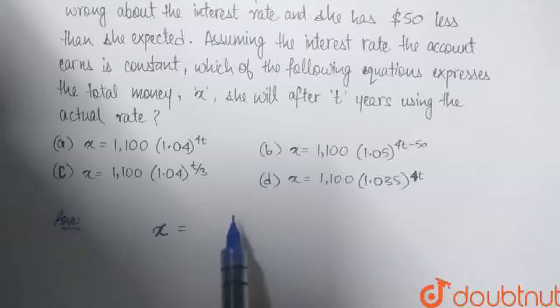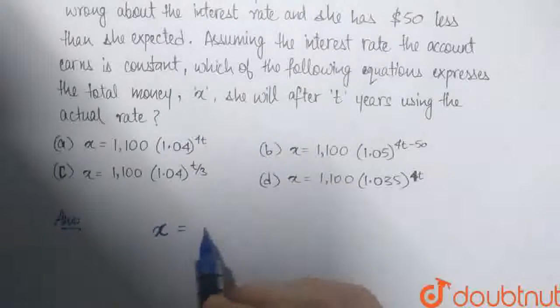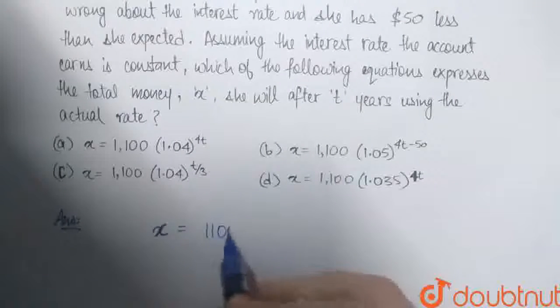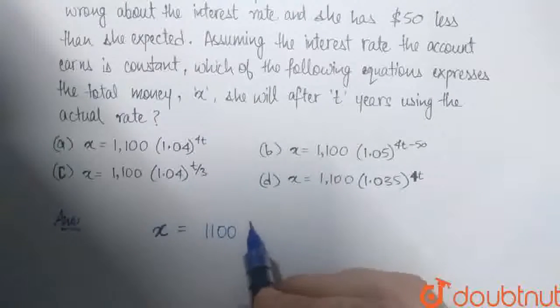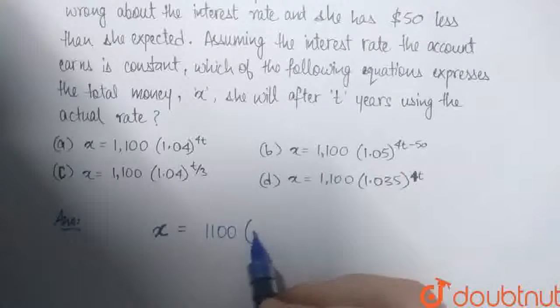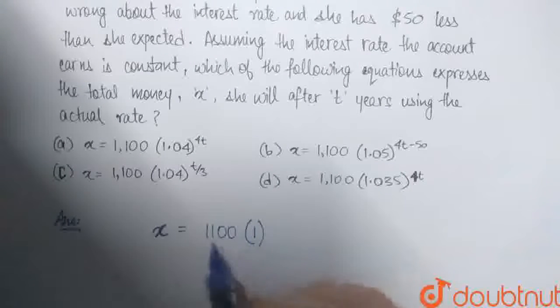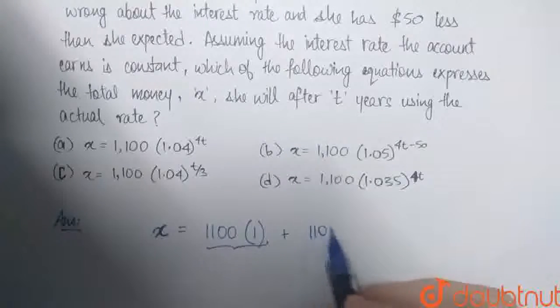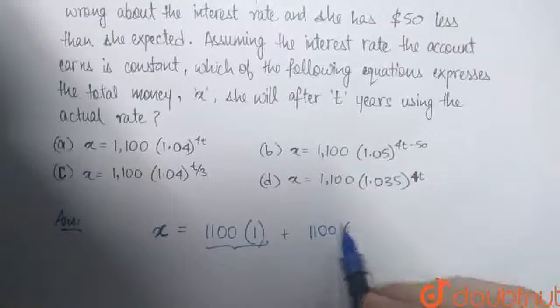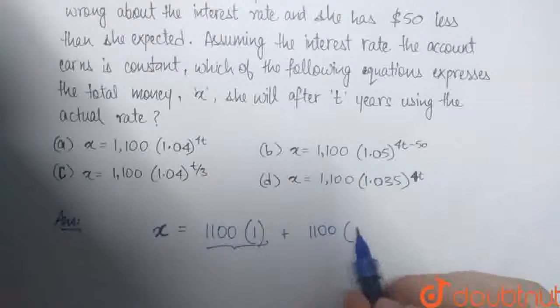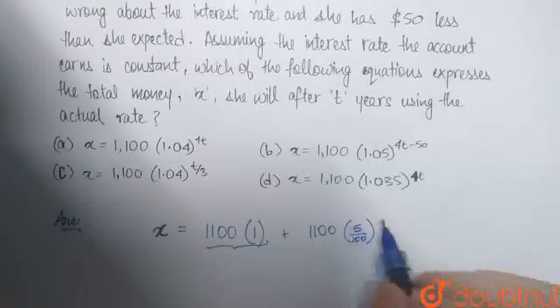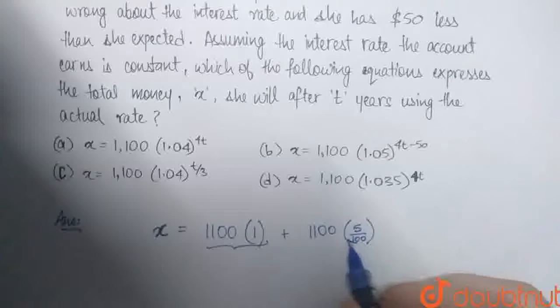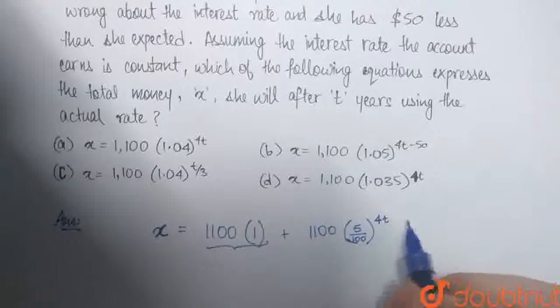If T represents the number of years, then she will have 1100, which is the principal amount, times 1, plus 1100 again, times the rate of interest, which is 5% according to her in the beginning, to the power of 4t.